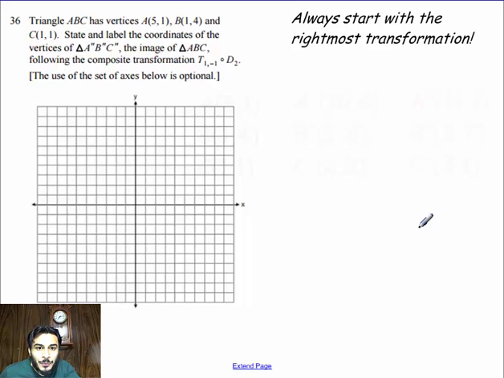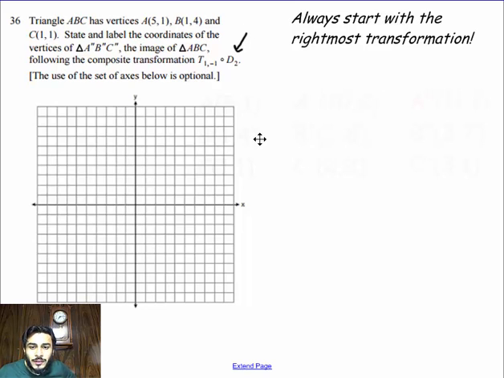State and label the coordinates of the vertices of triangle A double prime, B double prime, C double prime, the image of triangle ABC following the composite transformation, translation (1, -1) after dilation of 2. Now, the important thing to remember is that you start with the rightmost transformation. With these compositions, you always start with the one on the right.